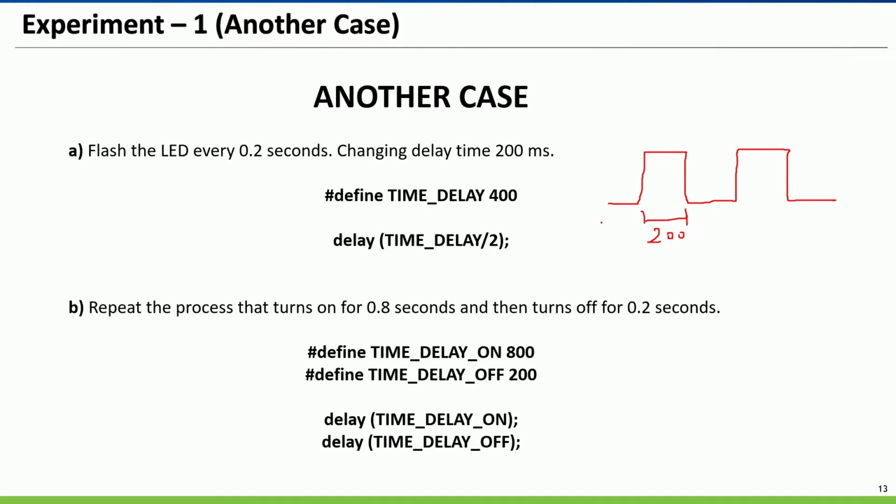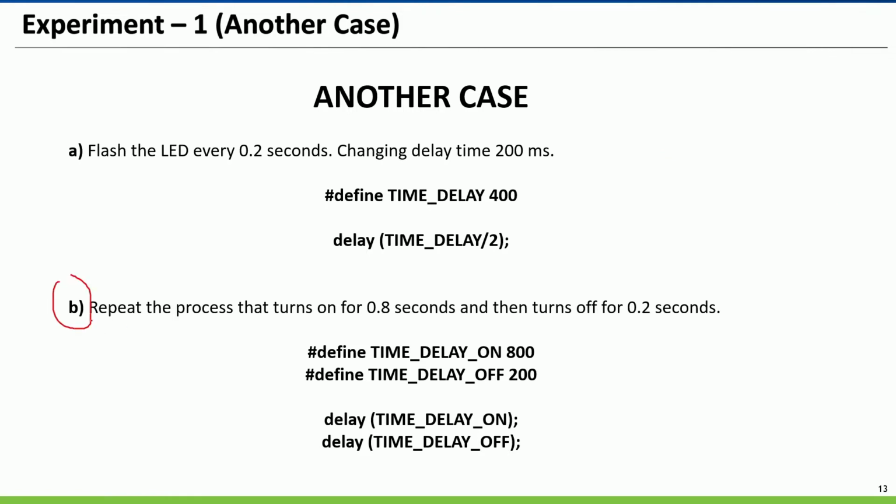I'm sorry, this is divided by 100. 400, 200, you're right, 200. Sorry, it's 100 milliseconds on and 100 milliseconds off, 200 milliseconds in total. That is digital output.